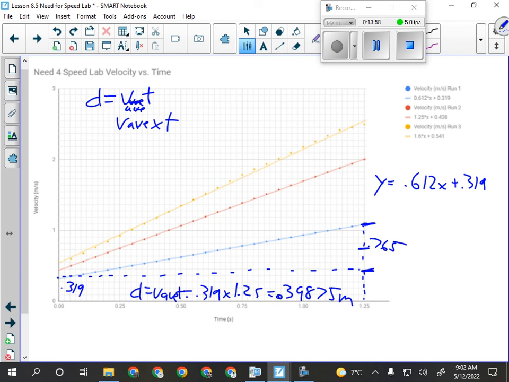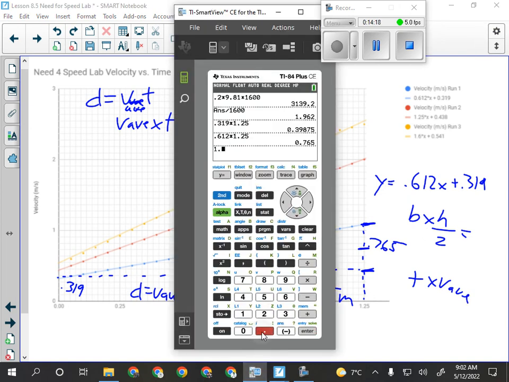That's going to get me the average velocity during the part of the motion where its velocity changed. Okay, so I'm just going to go base times height over 2, and that will give me time multiplied by average velocity, same as it was for the bottom. So the base is 1.25 times our 0.765 divided by 2.